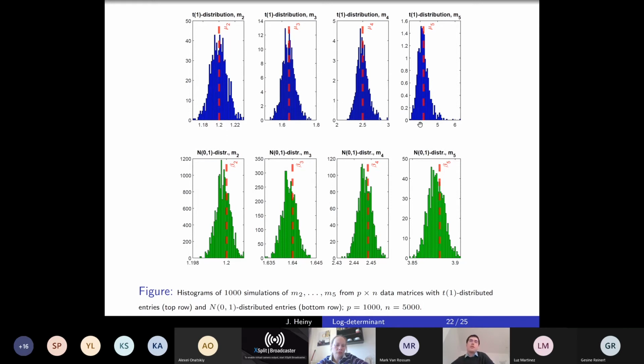And here for the t distribution, the heavy tail case, it is from 3 to 6. So it's a much wider range here. Okay, this is also something that could be very interesting to study and establish, these fluctuations.